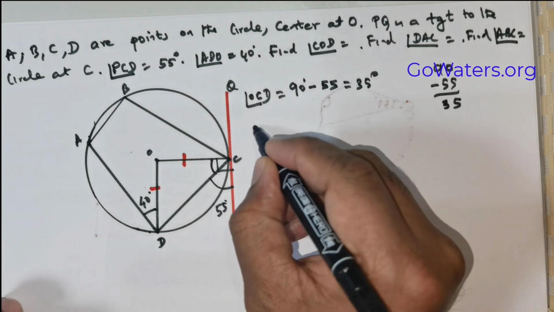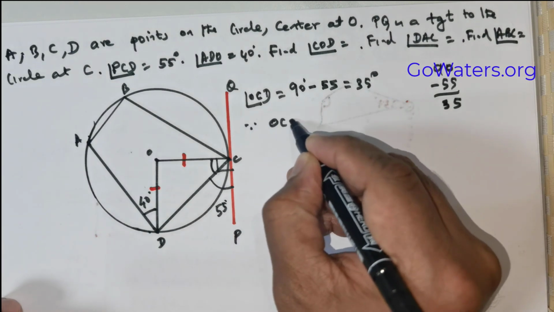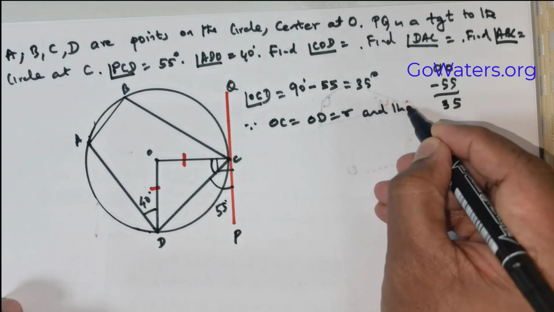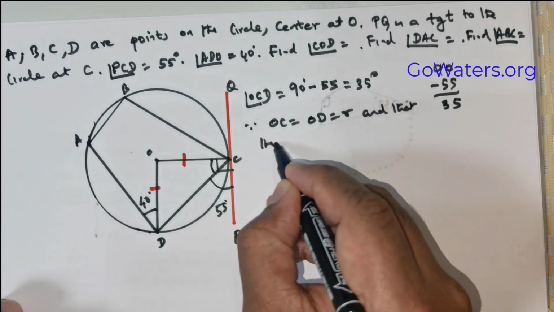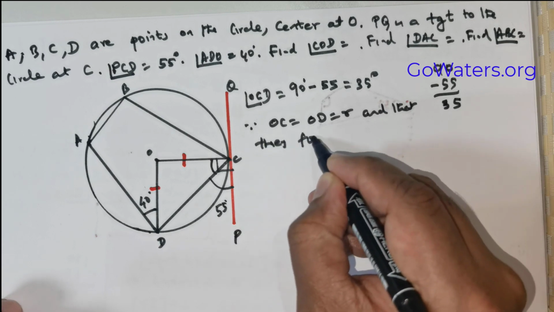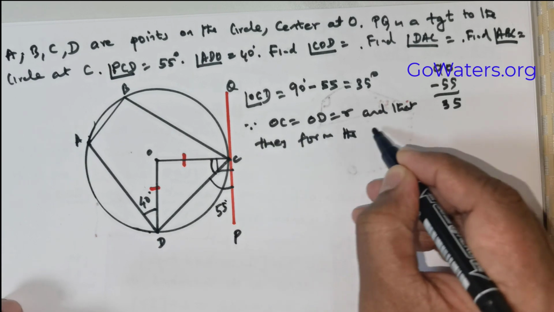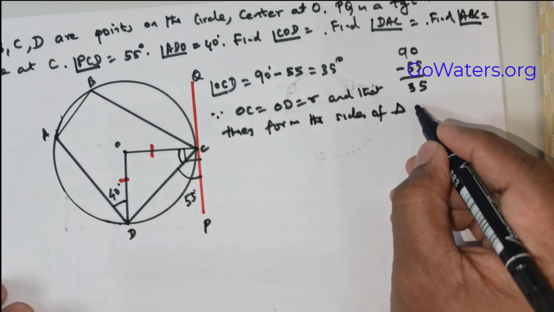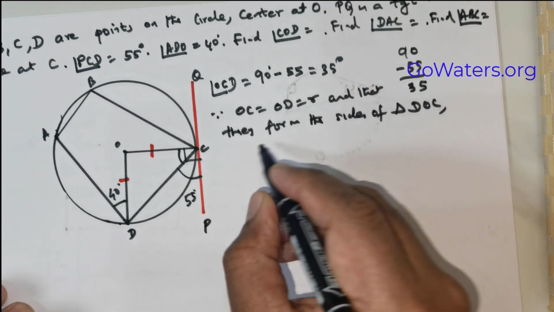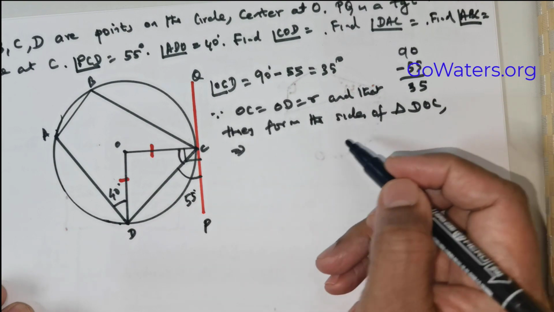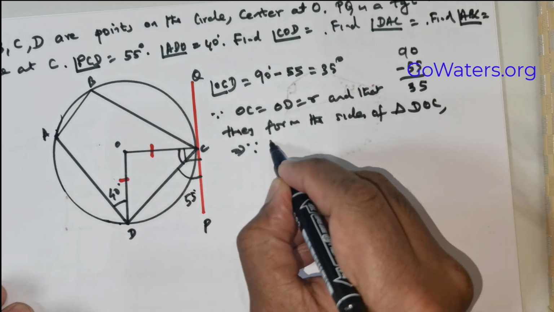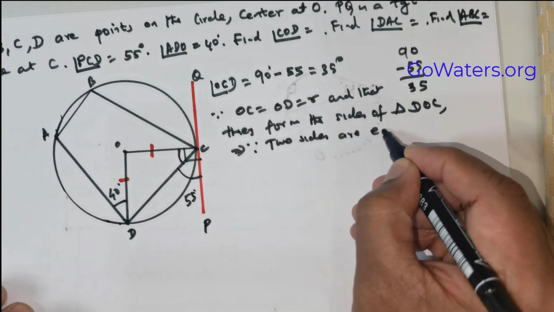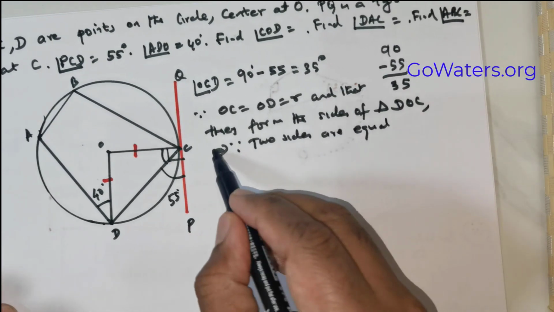Now we can state that since OC is equal to OD is equal to R, they form the sides of triangle DOC.